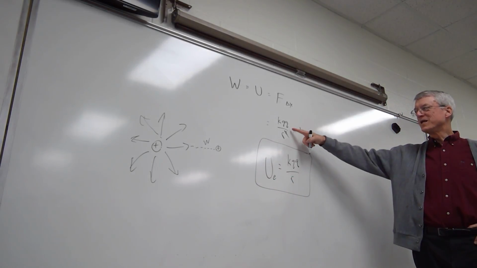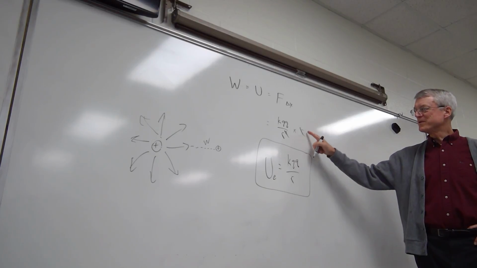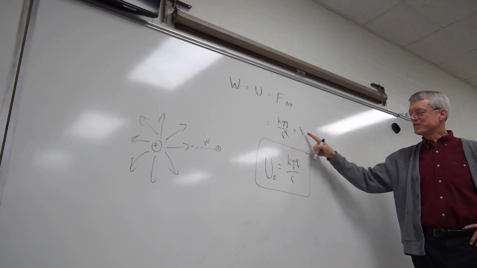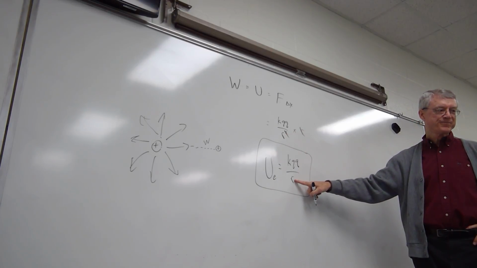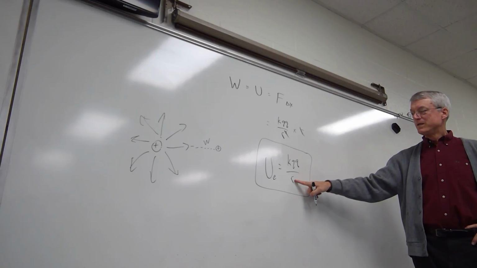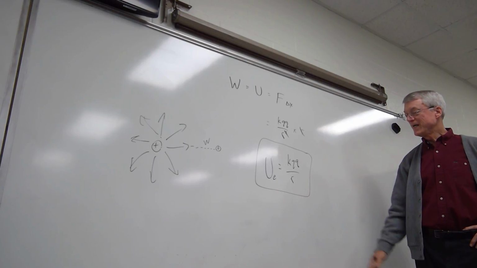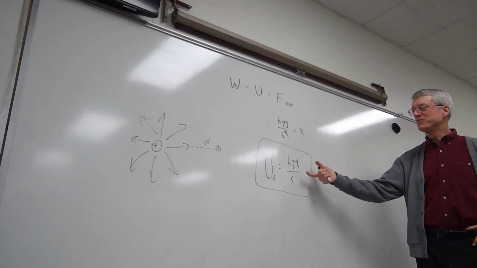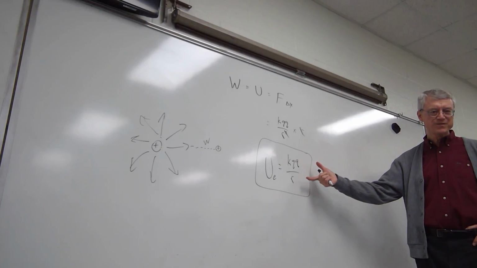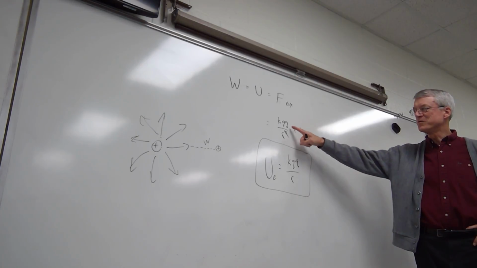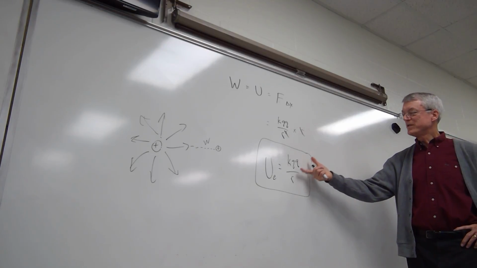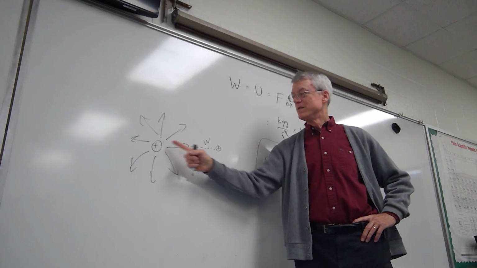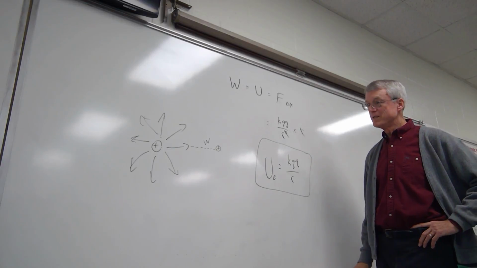It looks a lot like Coulomb's law, except it's not r squared because it's force times distance, so it's just r. Now, again, we don't want to use that with parallel plates for the same reason we talked about, but it would work very nicely with point charges, like the drawing on the board.